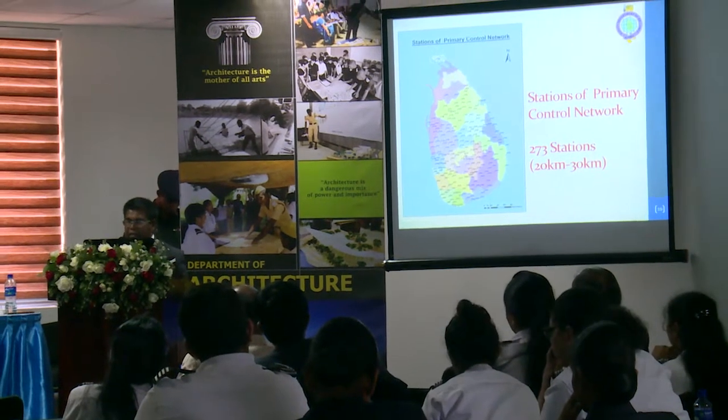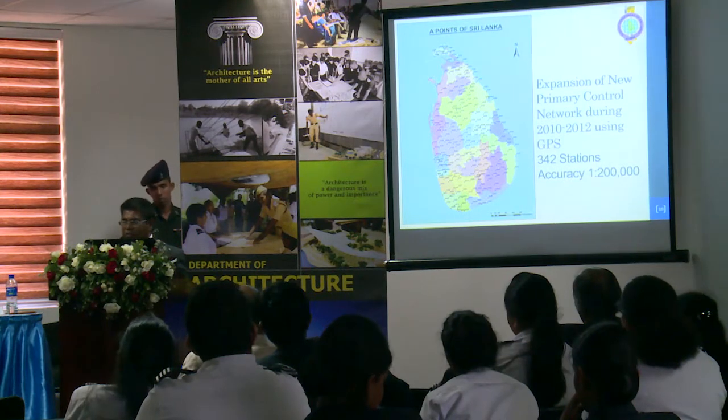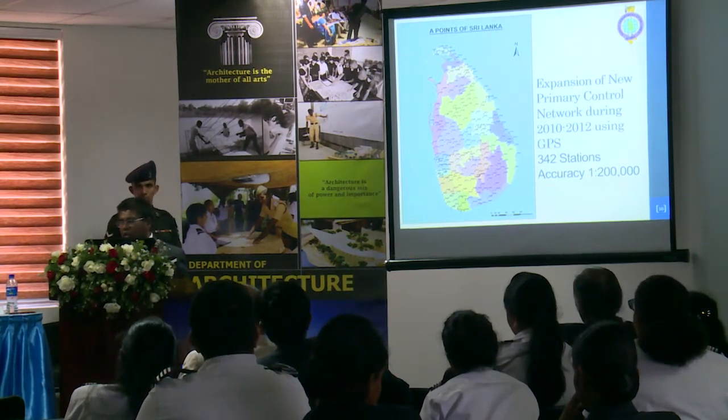Later, between 2010 and 2012, 168 points. All those points are previously established control points. We have known positions. Inside the network area, there are 35 control points.